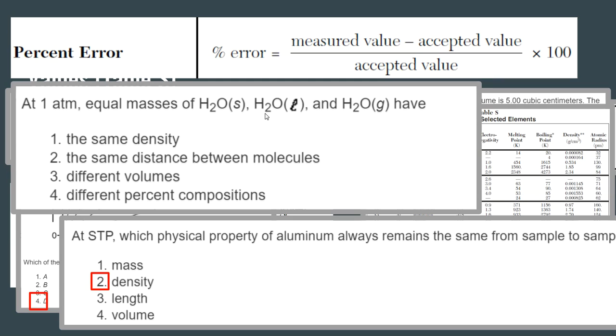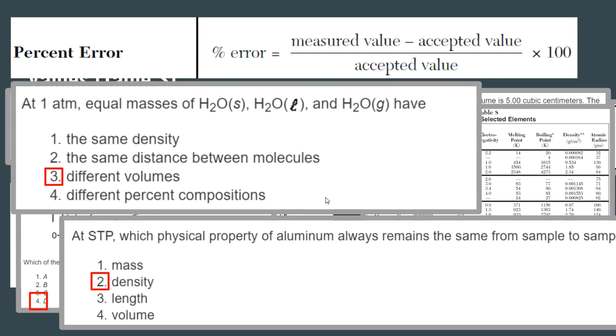So you would expect solids, liquids, and gases to occupy different volumes, not to be the same density, because we are changing phase here. But notice that the volume of solid H2O is going to be slightly smaller compared to gaseous H2O if the mass is the same. Why? Because gaseous particles expand compared to solid H2O, which would be ice. So you can think about how water behaves as it changes phase, and it would occupy different volumes.